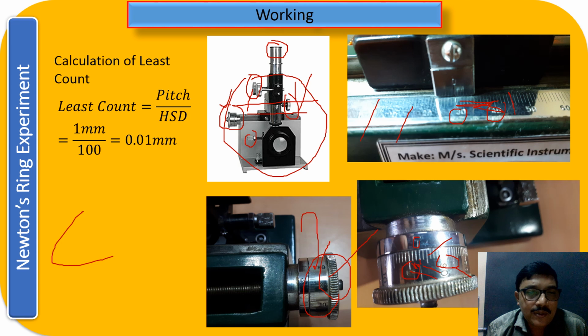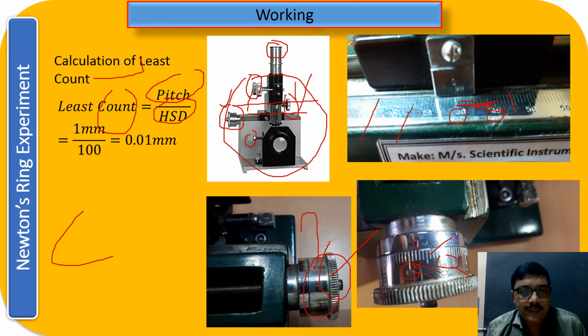What is least count? It's the least measurement that you can make with any instrument, right? How do you calculate least count? With the formula: pitch divided by the total number of head scale divisions. What is pitch? This is the head of the screw.